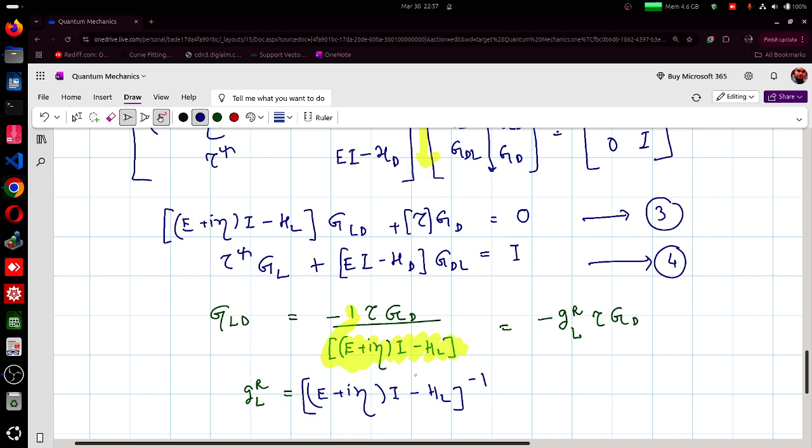What is this? This is the self Green's function, or isolated Green's function, corresponding to the lead, right?